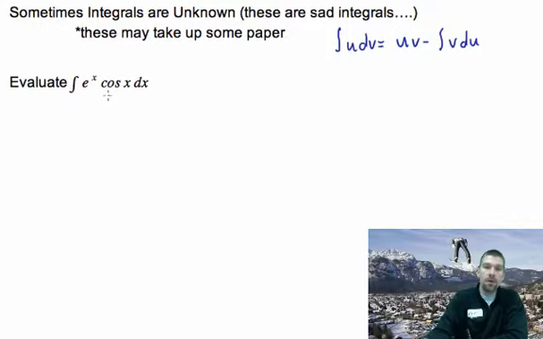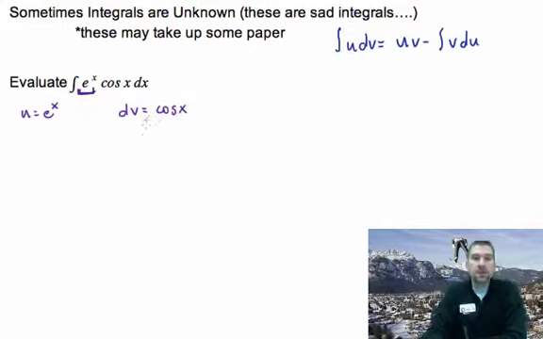So what to do here? In our tips and tricks, one of the last things we wanted to pick to be u was a trig function. So in this case, we're going to let u equal e to the x, and that means that dv is going to be cosine x.